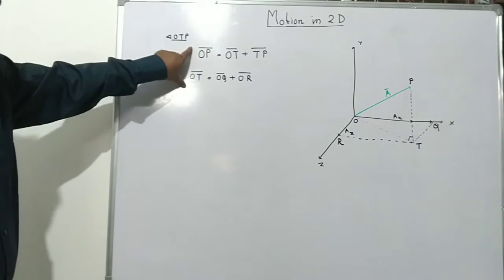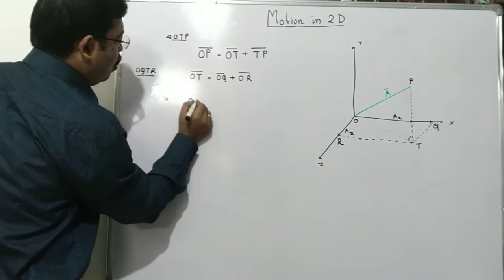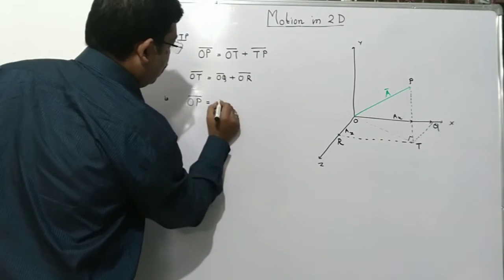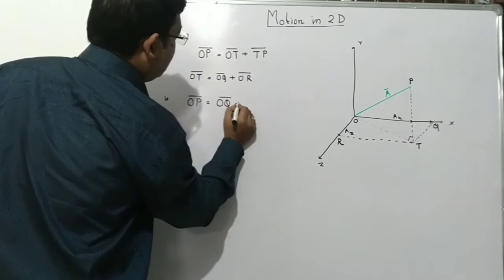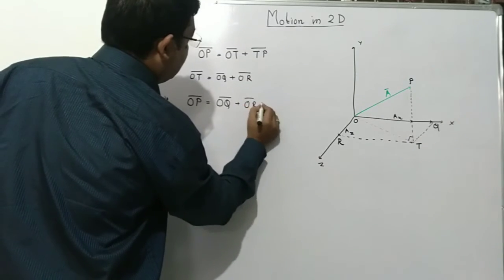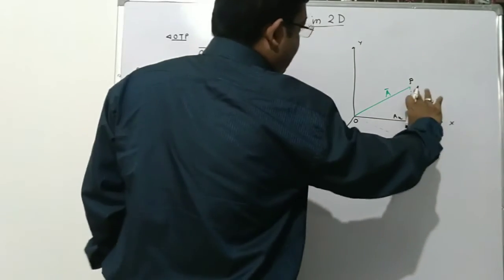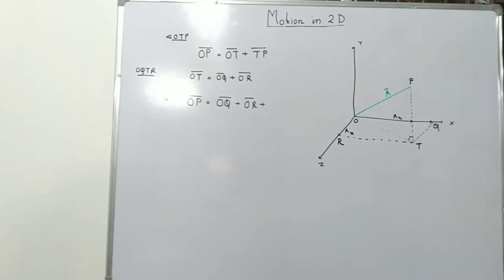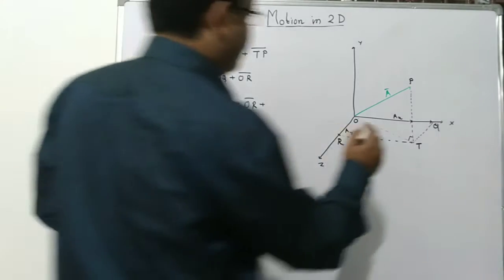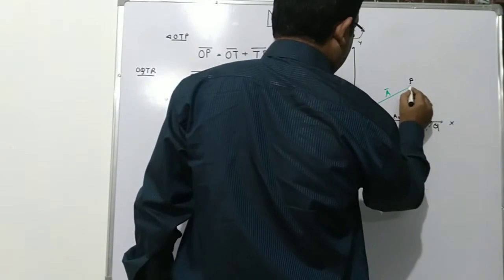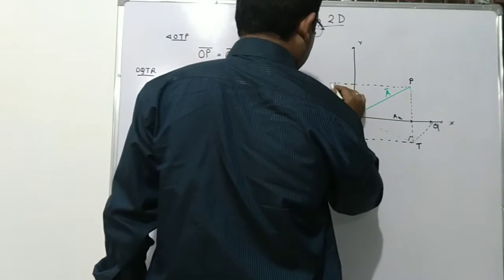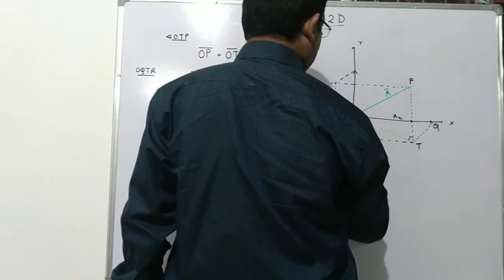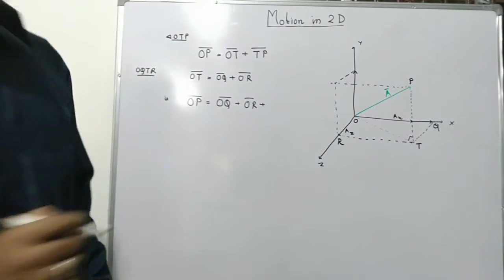So using these two equations, we get the vector OP equal to OQ vector plus OR vector plus this TP, which is equal to this length OS.